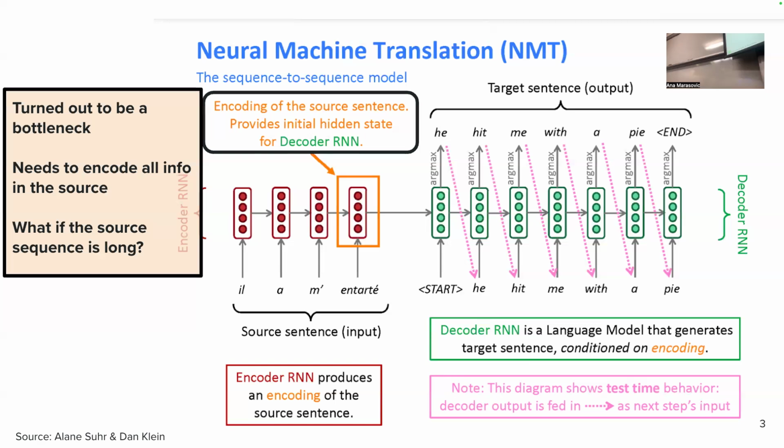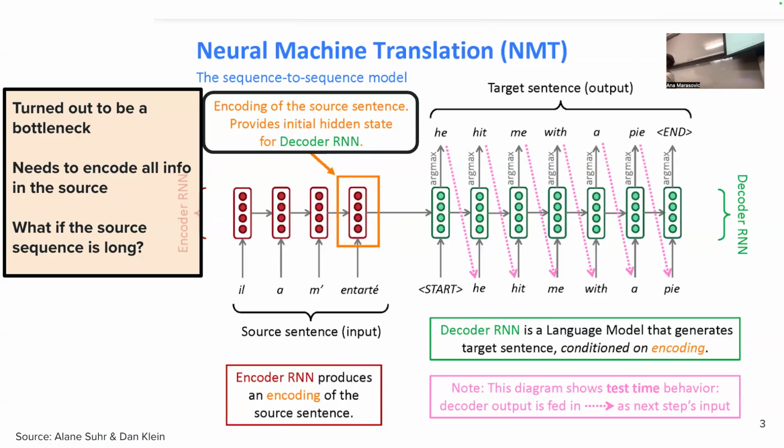What happens in practice is that this single vector of whatever dimensionality we have chosen as a hyperparameter cannot cram all this information and be useful at every decoding step appropriately. So it is a bottleneck. It is too ambitious a goal to deem that a single vector will be sufficient, that it needs to encode all this information. And now you can imagine if we try to encode a really long sequence, how much information you would need to capture in that single vector.